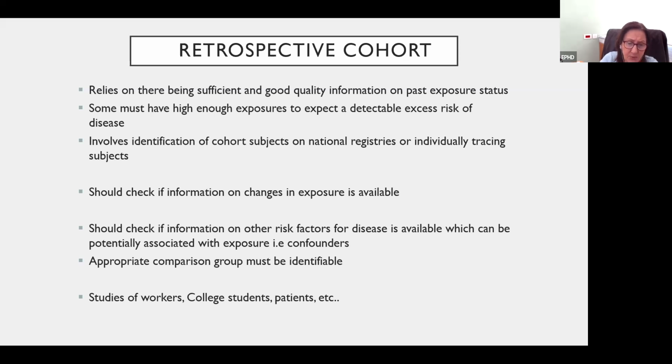A better retrospective cohort at AUB would be professors. So you want to look at, for instance, hypertension or blood pressure, and other cardiovascular risk factors, and dementia or cognitive decline.